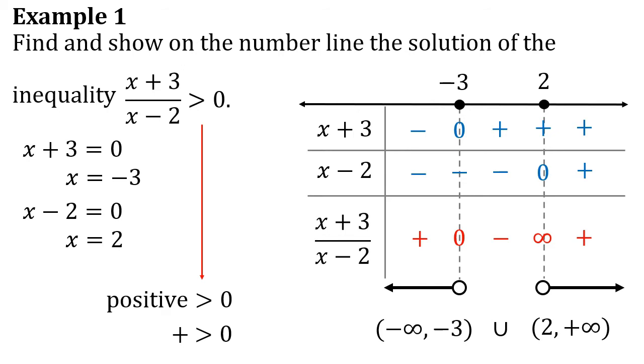So the union of negative infinity to negative 3, union 2 to positive infinity. So this is the solution of the inequality (x + 3)/(x - 2) greater than 0. Okay?